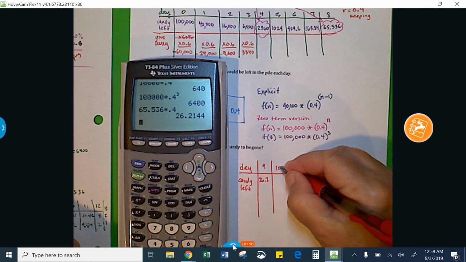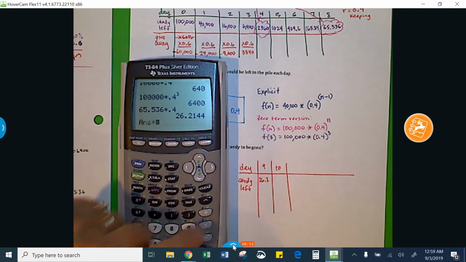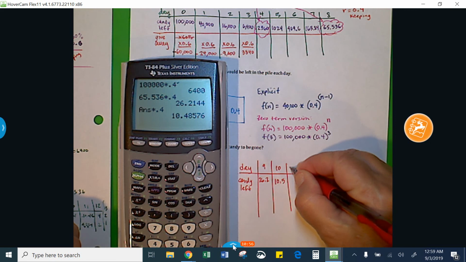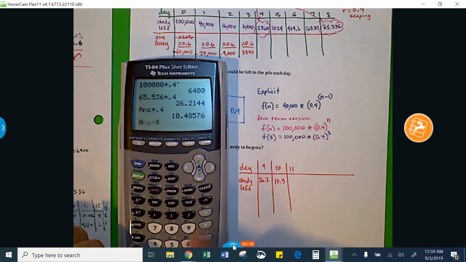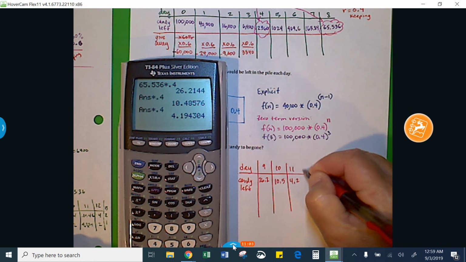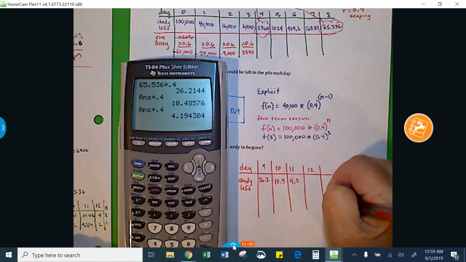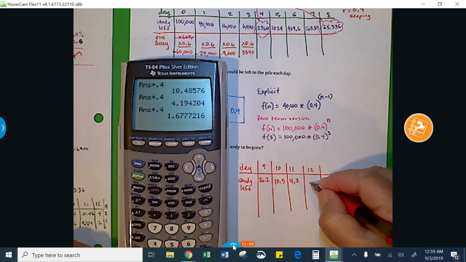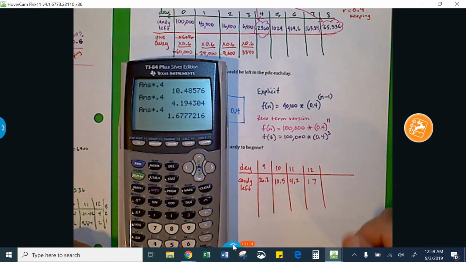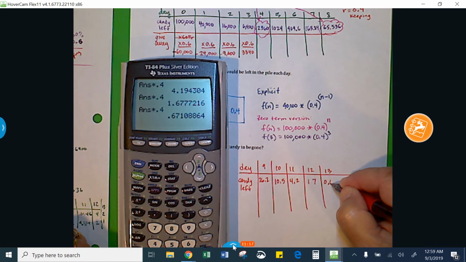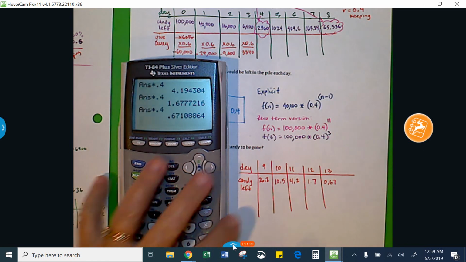I'm not going to write all the decimals. Times 0.4. 10.5. Day 11. We got times 0.4. 4.2. Day 12. Take that number times 0.4. 1.7 pieces of candy. And really we're at the end here. Times 0.4. Less than one piece of candy.